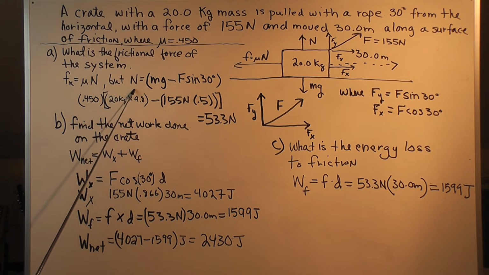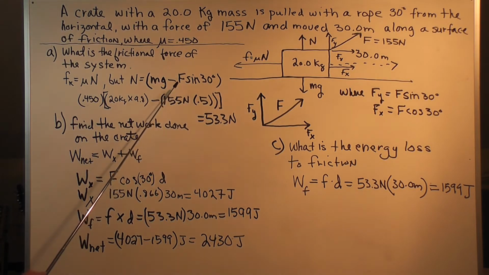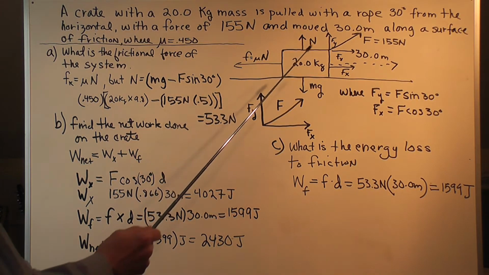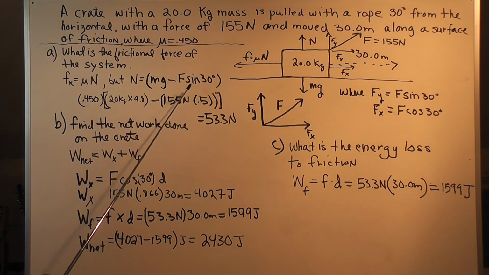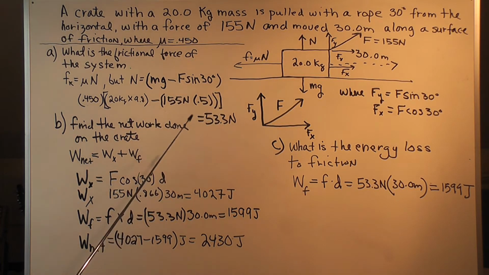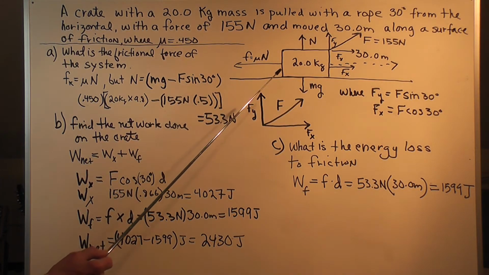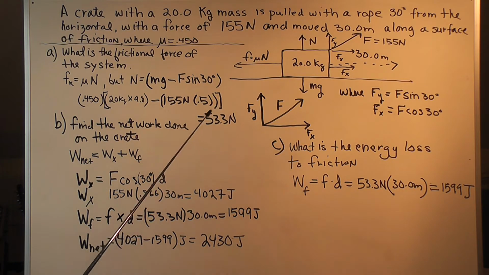But we have to make a change because we have our weight, m times g, minus the force times the sine of 30 degrees. This is the Fy vector that's creating this lifting effect on the crate. And so that is going to actually eliminate some of the frictional force.